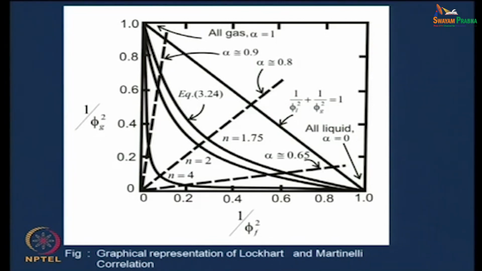So naturally, if you want to find the two phase pressure gradient term, you have to use a trial and error technique, because both the x and y axes have the unknown pressure gradient term. In order to avoid this, the other correlations we use will be discussed in the present class.